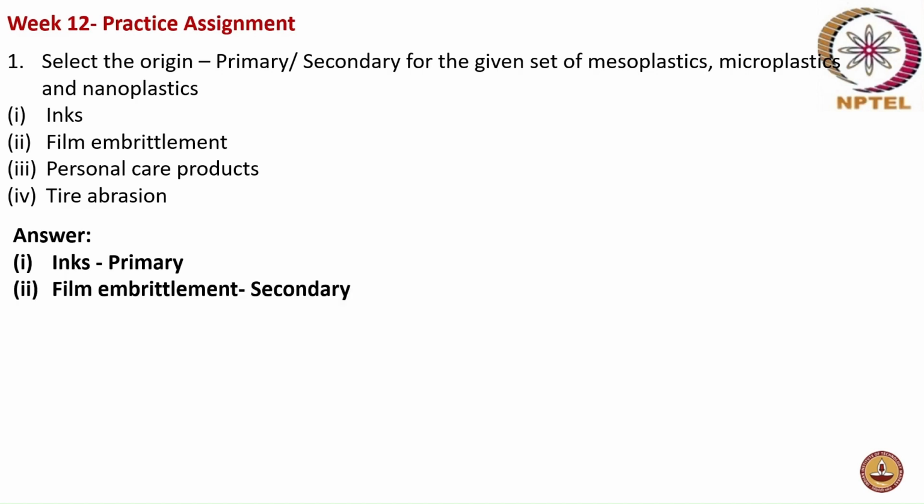Whereas film embrittlement is a secondary source, because film as such is a macro size shape, but due to exposure, either a thermal exposure or a UV exposure or certain other environmental exposure, it becomes embrittled. It is not the first stage, but it is due to some kind of exposure or processing that leads to these microplastics. So that means it is a secondary source.